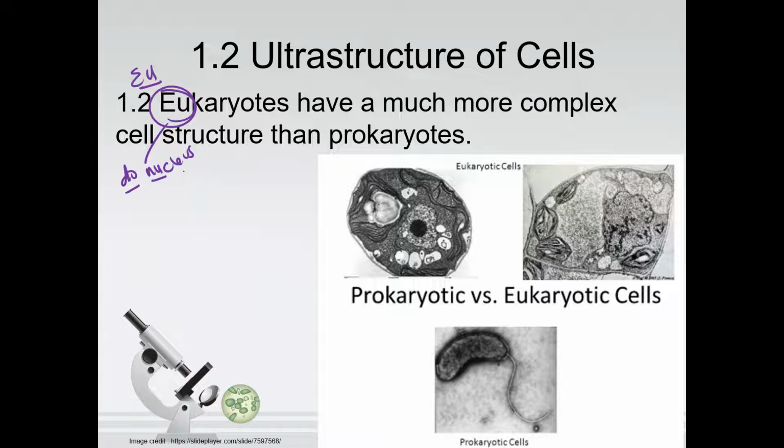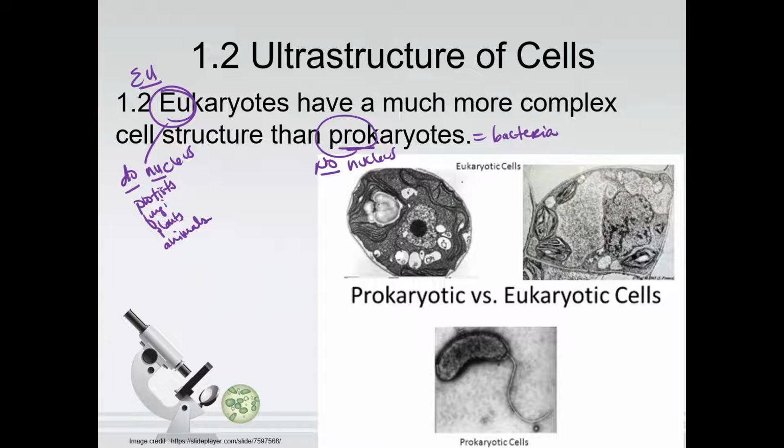Like us, we are eukaryotes, as are protists, those single-celled organisms, like amoeba and stuff, protists and fungi, plants, and animals are all eukaryotes. We have a much more complex cell structure, just lots more pieces and parts than do prokaryotes. Pro rhymes with no because there's no nucleus. These guys are bacteria.